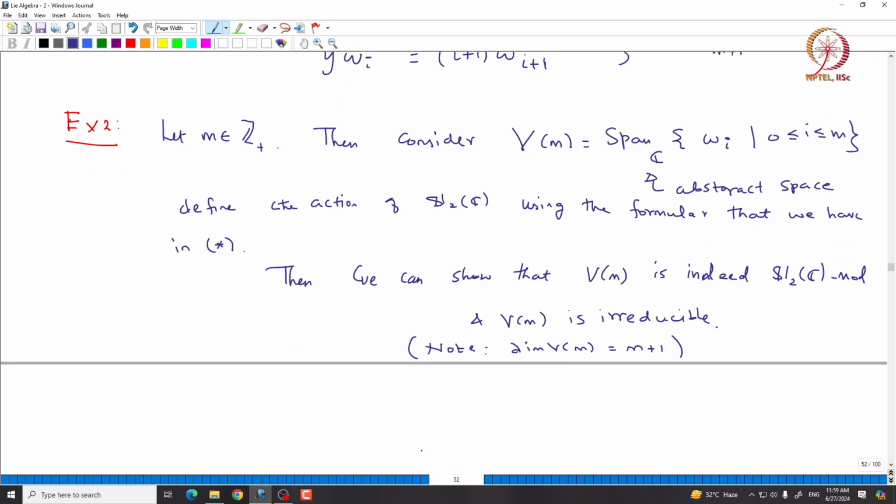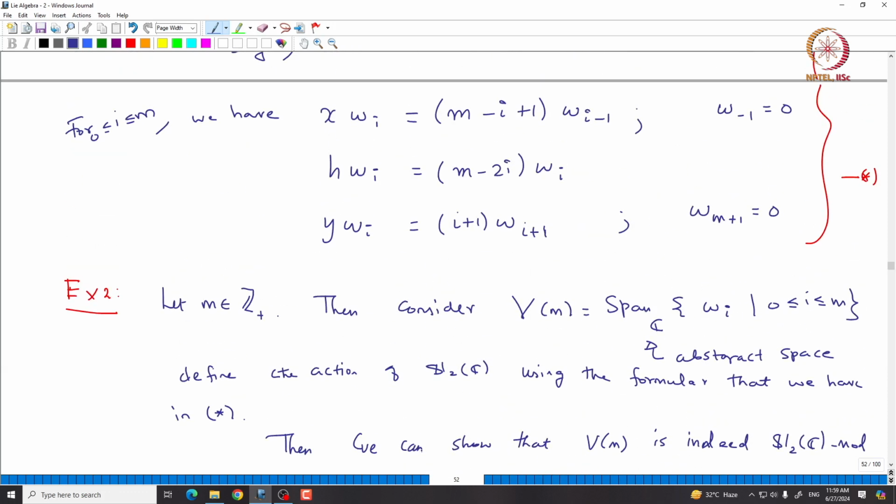So, this is one way to construct the finite dimensional irreducible module associated with m abstractly. We take an abstract basis Wi and then define the action using this formula. Then one can verify that these formulas give you an sl2 action on this V of m, and not only that, the same proof that we have seen in S^m tells you that this must be irreducible, because the action of x brings down the indices.